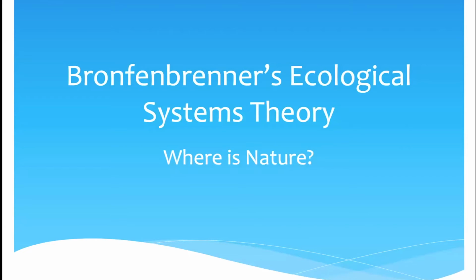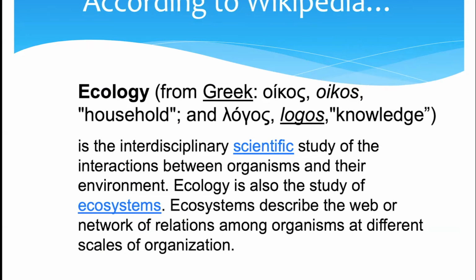And as a review, because we're thinking about systems, ecological systems, most of you are familiar with Bronfenbrenner's ecological systems theory. And so we'll do a quick overview of that as the foundation and frame for the course. The term ecology comes from the Greek oikos.